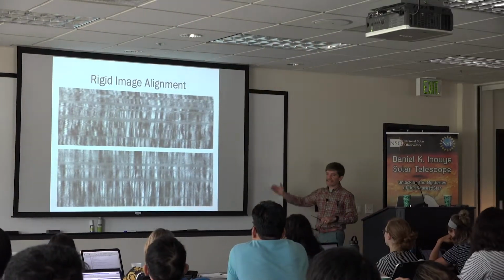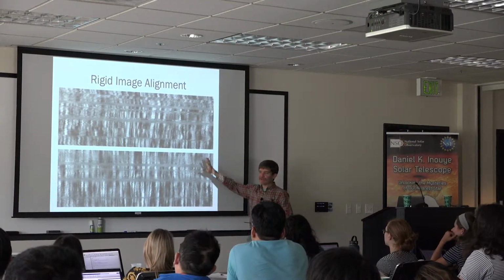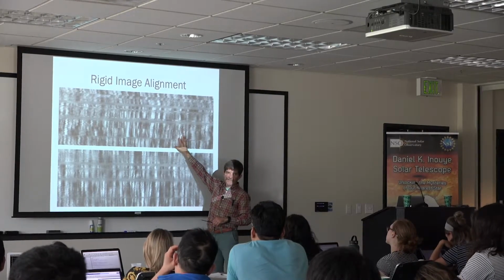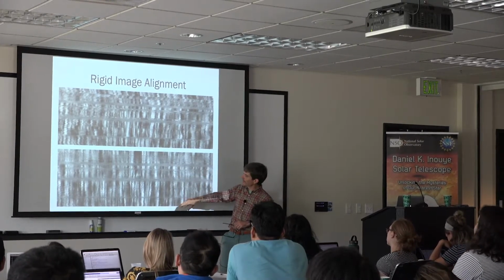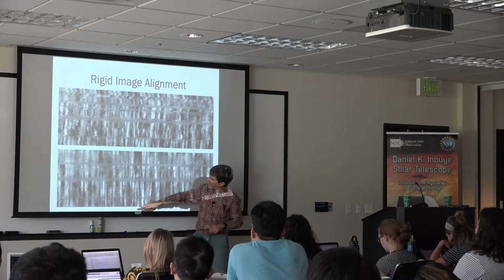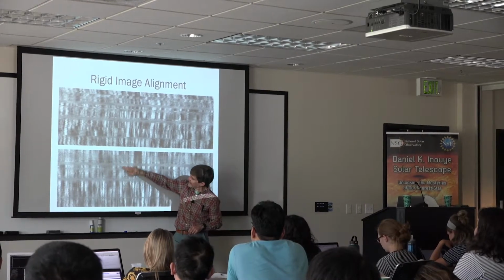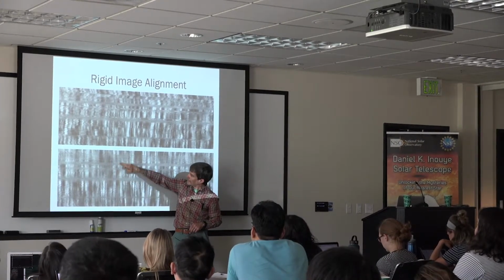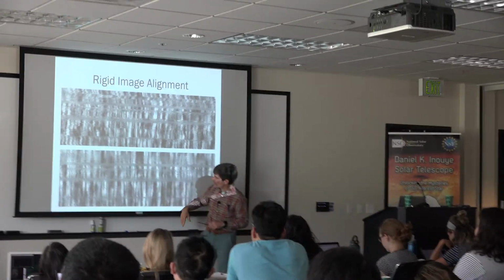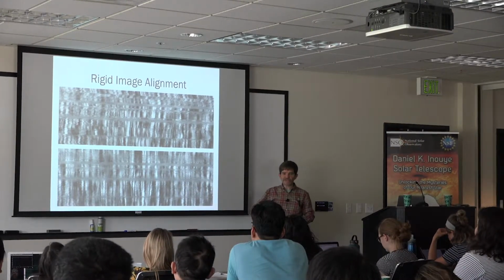But now, if I take that same slice through the data cube, this is before we did the shift alignment, and this is after. So now I've lined up my data cube, and now I can see continuous structures and the granular evolution, and they change and separate as the convective flows change over time.